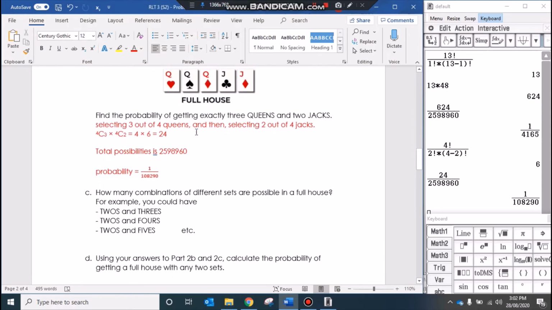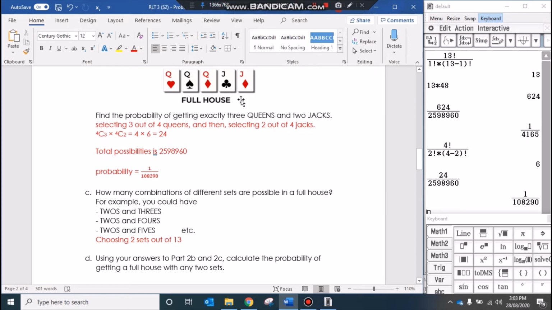So what we're doing is, first thing we're choosing is 2 different sets out of 13. So we could have, say, queens and jacks. In this case, actually, order is important because 3 queens and then 2 jacks is actually not the same as 3 jacks and 2 queens.